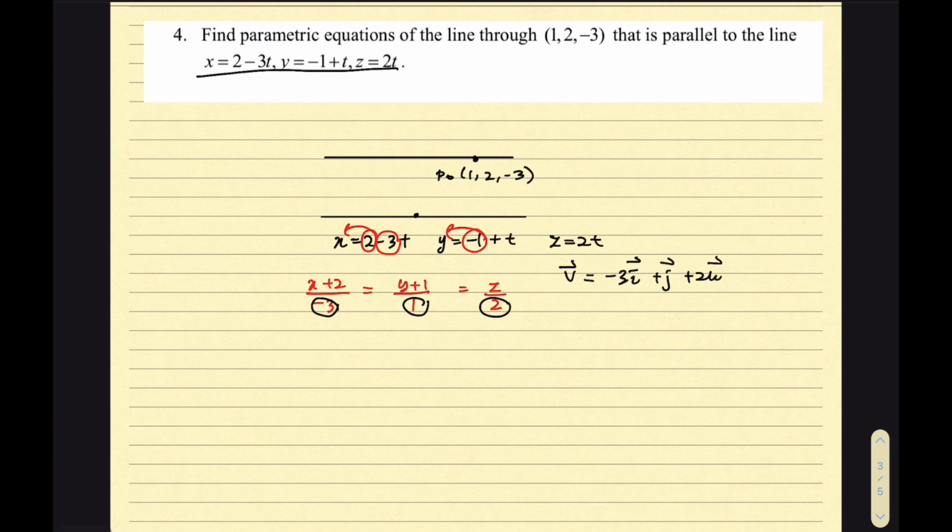Okay, so actually from the equation of the line, the parametric equation or the Cartesian form, you can get the vector.